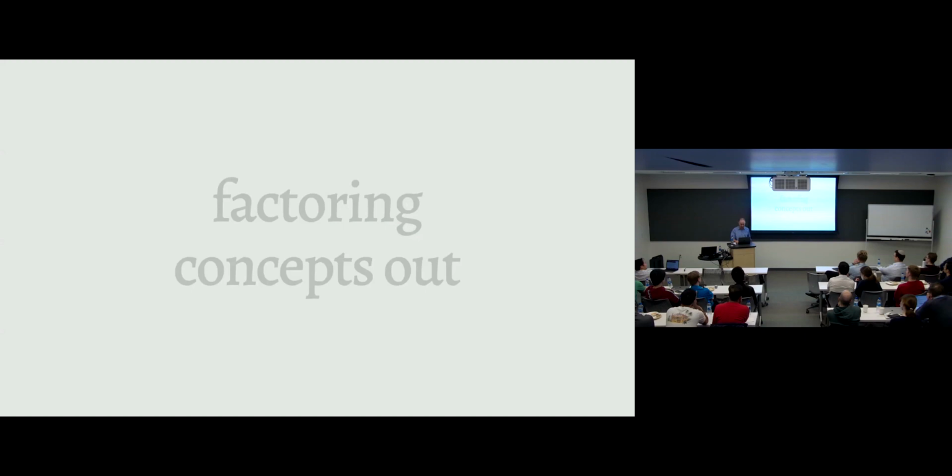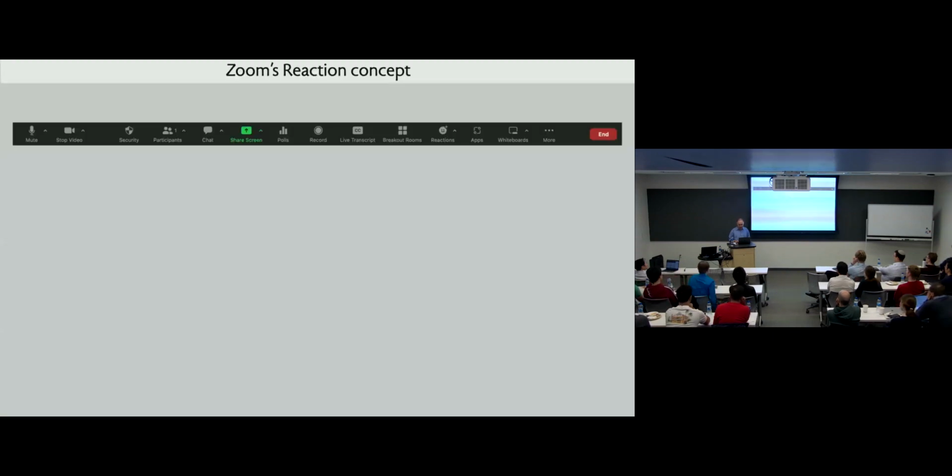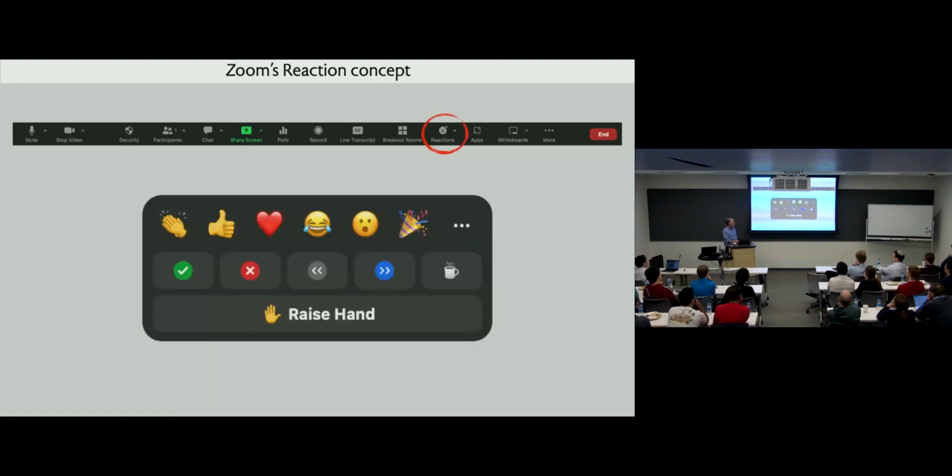And the third idea is factoring concepts out. This is slightly vaguer, but I've been having a lot of fun thinking recently about Zoom, and I want to give you a little flavor of how you might apply some concept ideas to Zoom. So Zoom has this reactions button. If you open that up, you see this collection of reactions that you can issue.